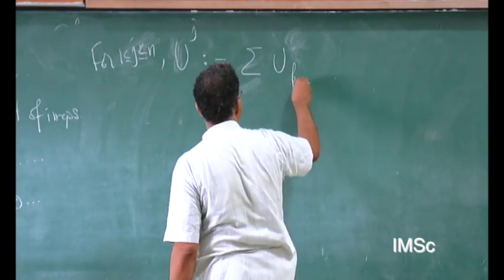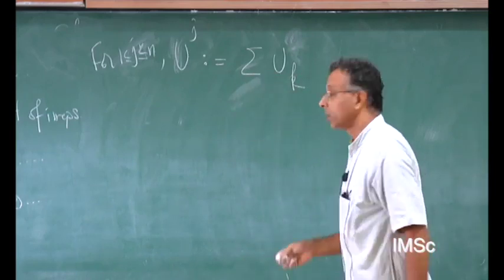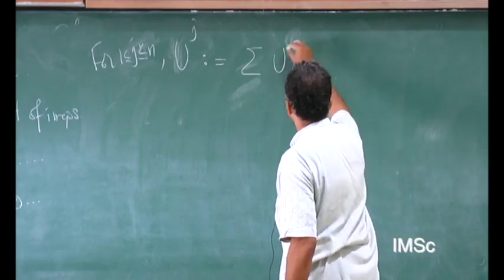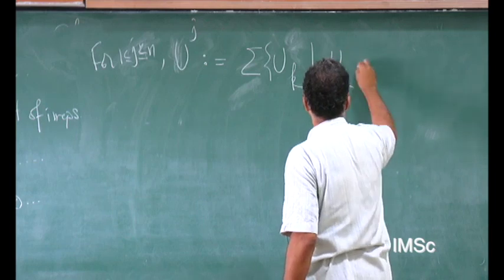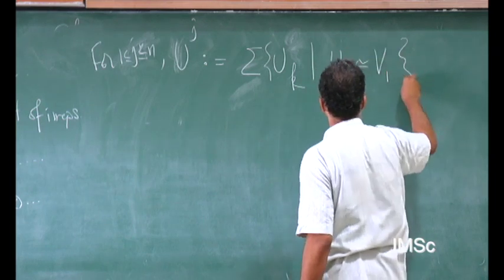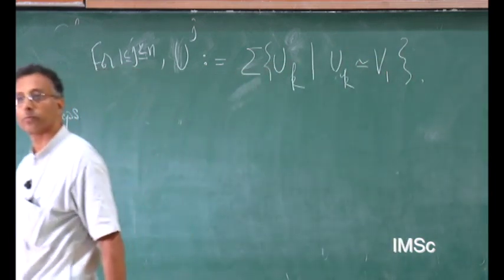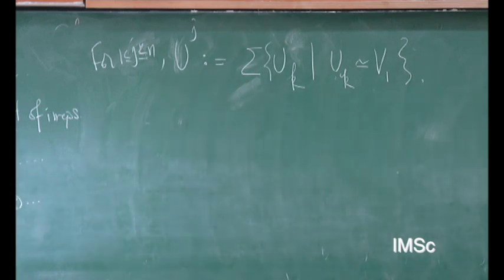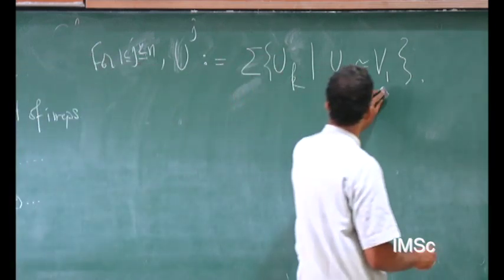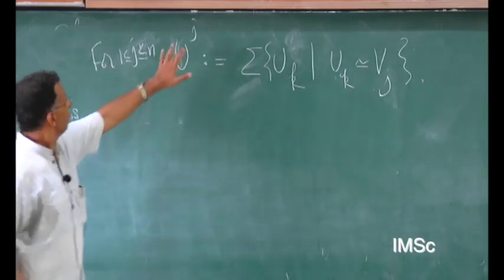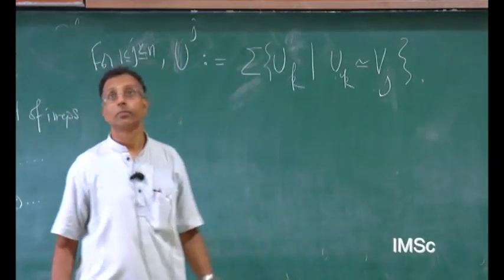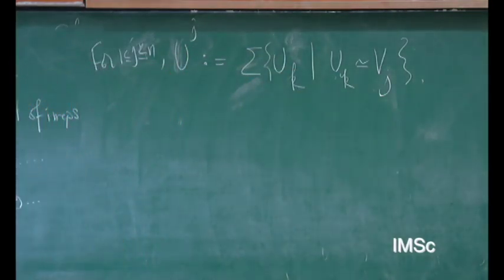So this is a lower k, such that U_k is isomorphic to V_1. Sorry, U_k is isomorphic to V_j. U^j. Correct?